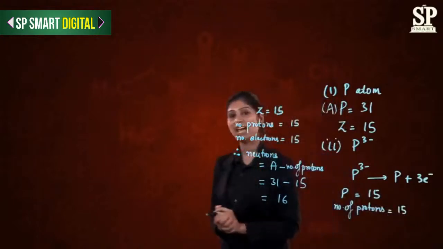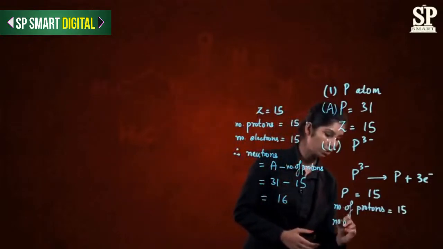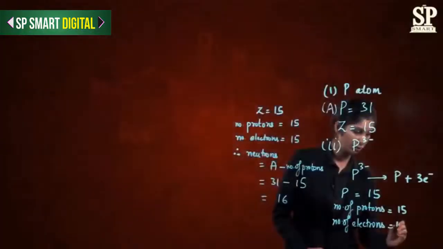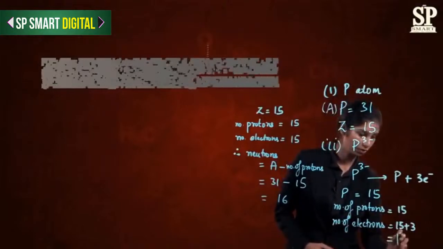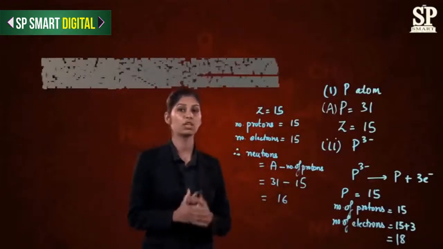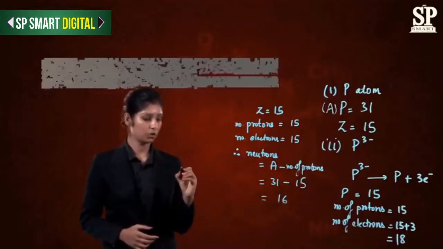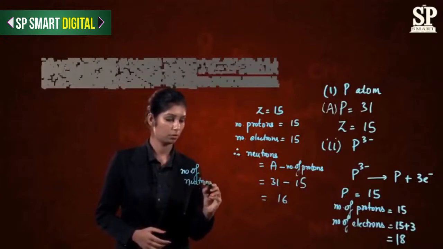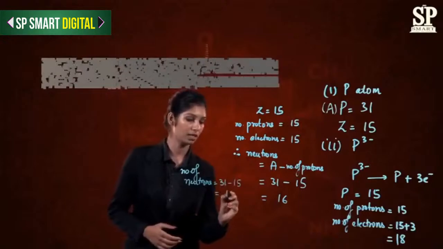But now, as it has gained 3 more electrons, the number of electrons is equal to 15 plus the number of electrons gained, which is equal to 18. Now we know again that the mass number is equal to the number of protons and number of neutrons. So again, the number of neutrons will be equal to mass number minus the number of protons, which is again 16.